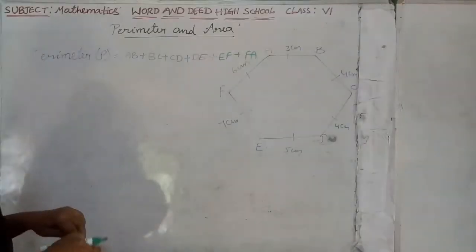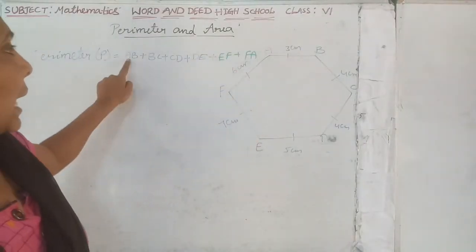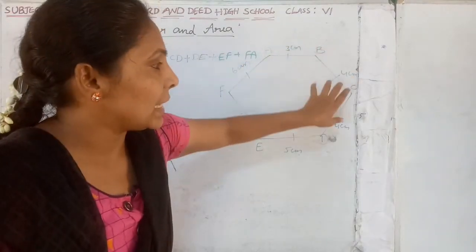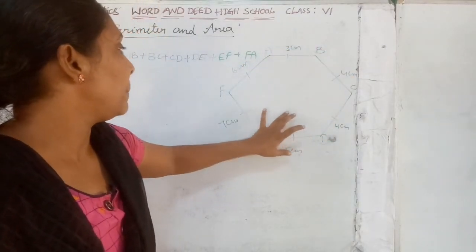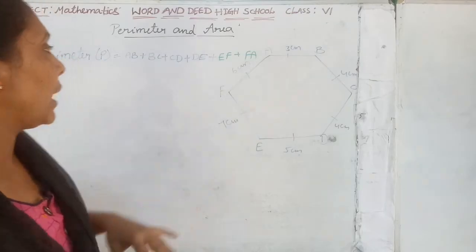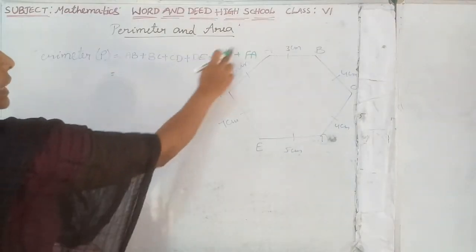So all the sides we are adding, children: AB plus BC plus CD plus DE plus EF plus FA. What is the AB, children?